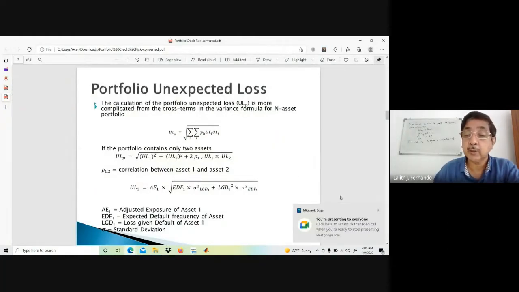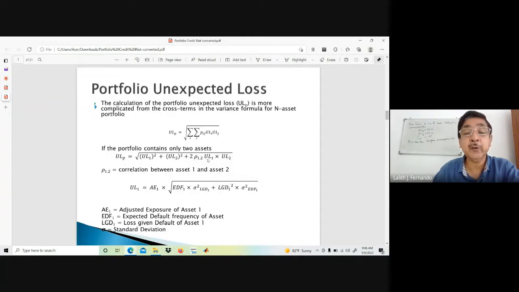Yes, you can see the formula. This is the formula you have to use. UL_P is equal to the square root of UL1 squared plus UL2 squared plus 2 rho_12 UL1 UL2. So just do it.